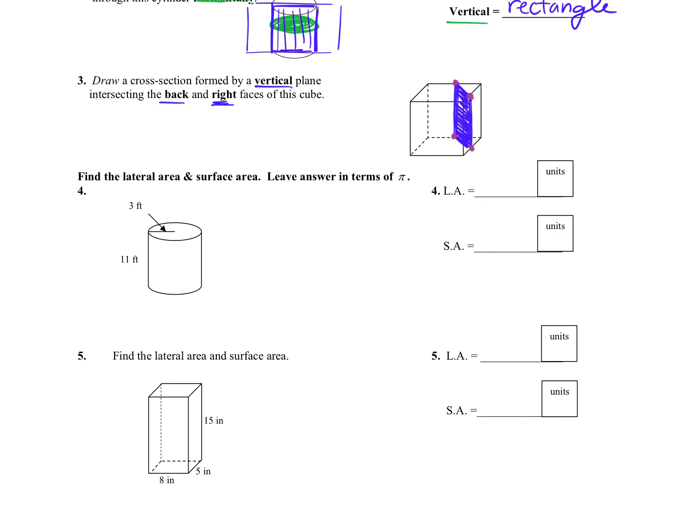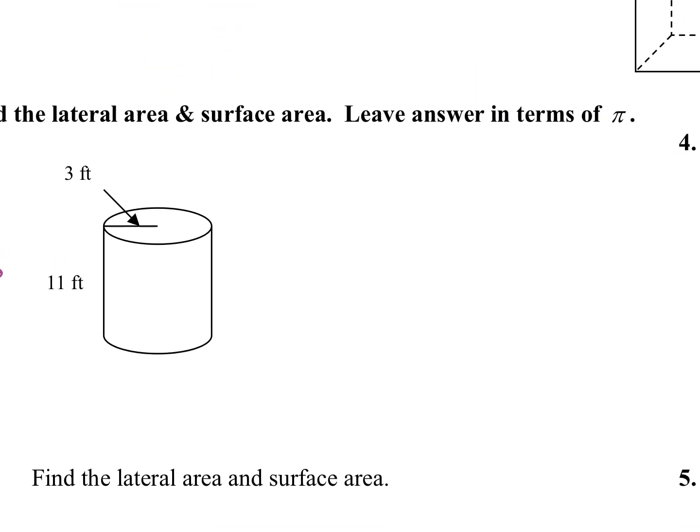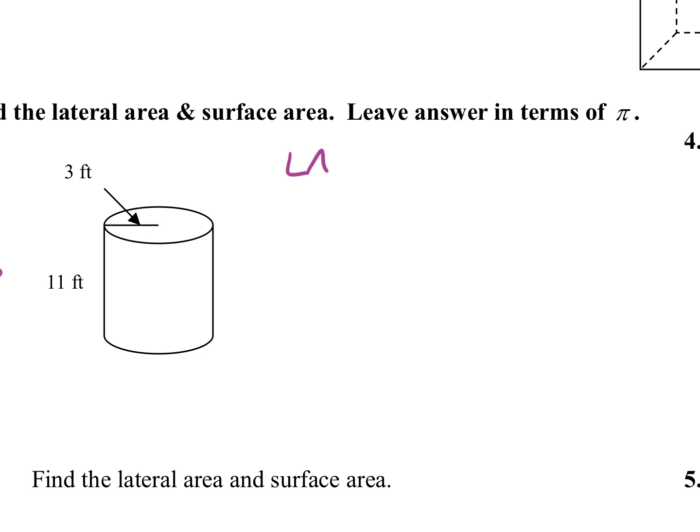Find the lateral area and surface area. Name this figure. It's a cylinder. Okay, so the formula for lateral area of a cylinder is what? PH. So lateral area of a cylinder is PH. P meaning what right now? Circumference, okay?